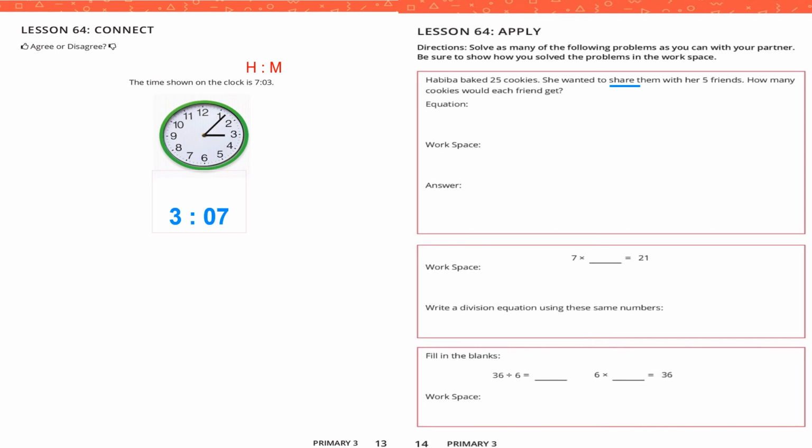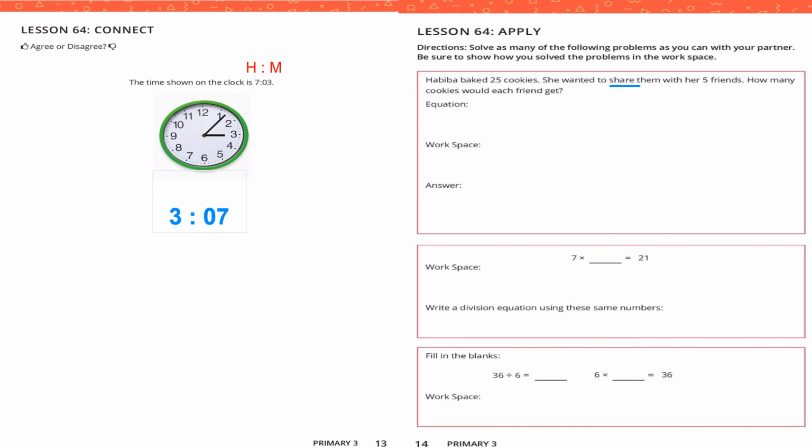Lesson 64, the apply part. Solve as many of the following problems as you can with your partner. Habiba baked 25 cookies. She wanted to share them with her 5 friends. Share means divide, means distribute, okay? So she wants to share between 5 friends equally.